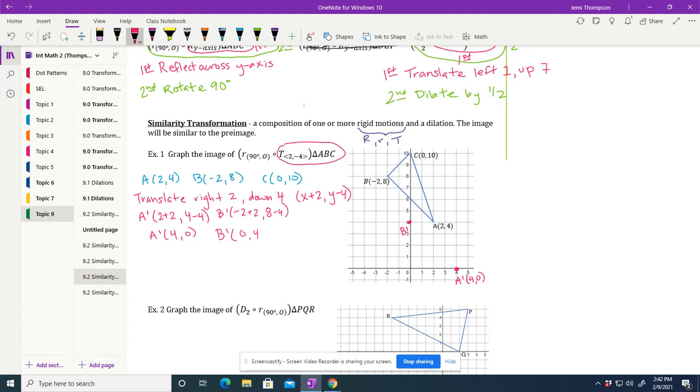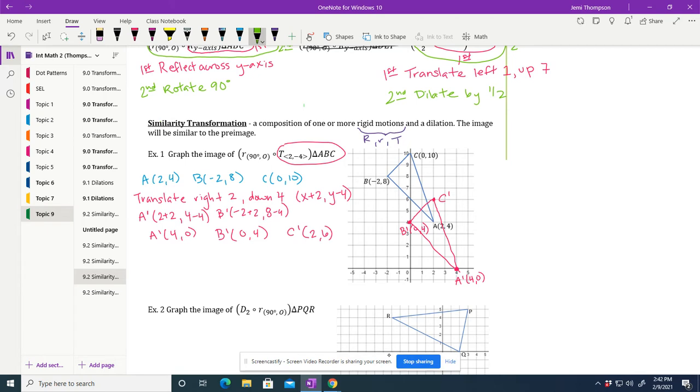So this gives me 0, 4. So different ways you can do it. You just do whatever works for you. I like to just kind of do it visually. It works for me as long as I've got a good picture. Okay. So I have a new triangle. It's translated down. Didn't change shape. Actually oriented the same way, just slid over.